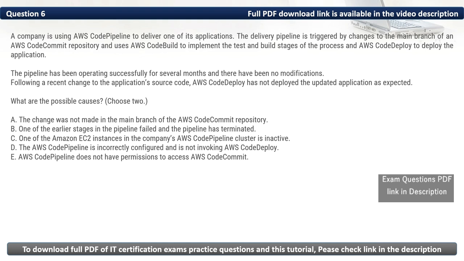The pipeline has been operating successfully and there have been no modifications. Following a recent change to the application's source code, AWS CodeDeploy has not deployed the updated application as expected. What are the possible causes?